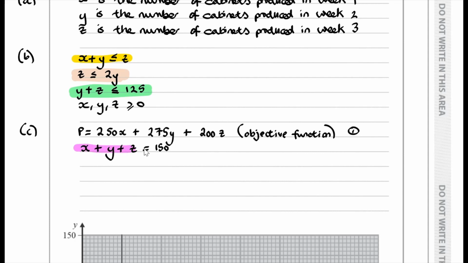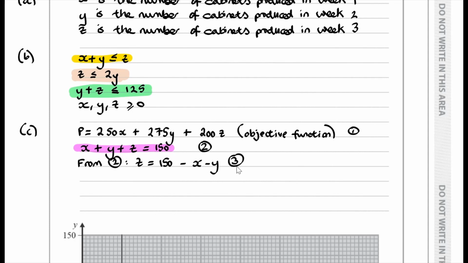Okay, let's just highlight that. And we'll call this equation 2. And if we rearrange 2, from equation 2, we have z equals 150 minus x minus y. We'll call this equation 3.